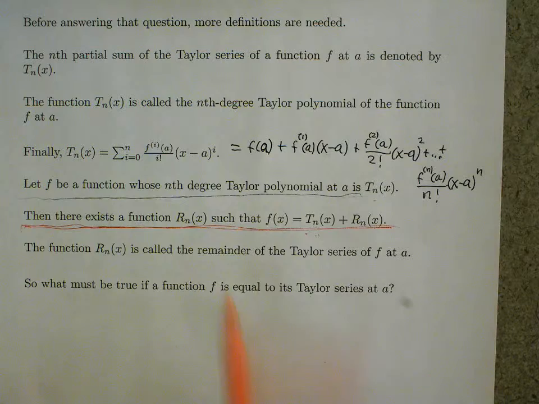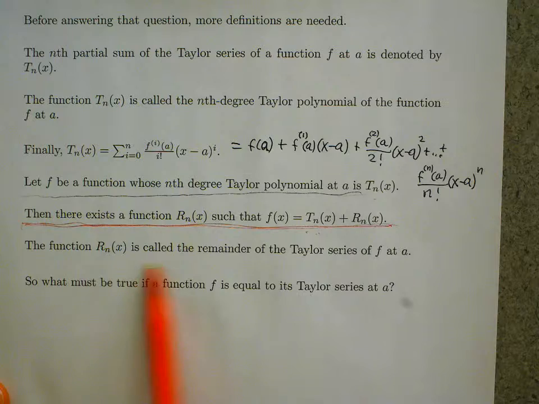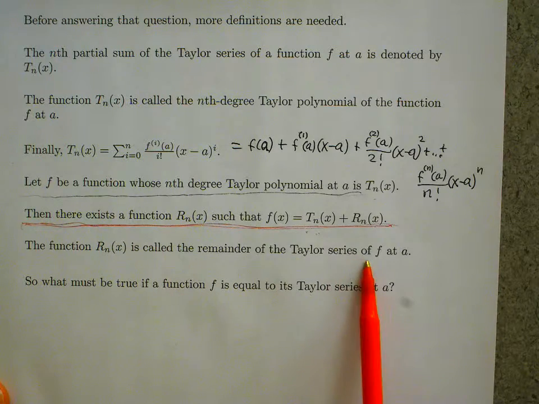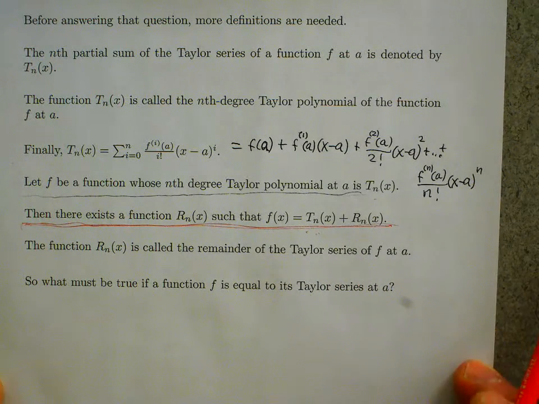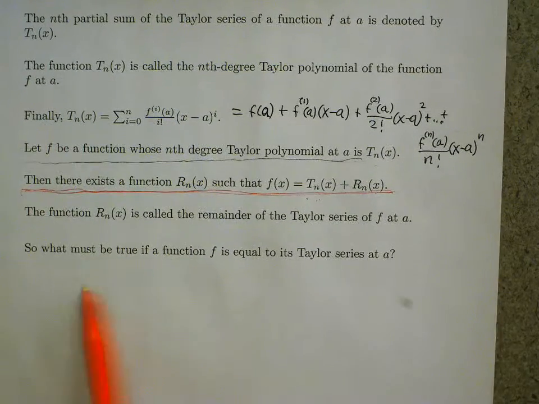Okay, so we'll assume that's obvious. The function capital R sub n of x is called the remainder of the Taylor series of f at a. So what must be true if a function f is equal to its Taylor series at a?